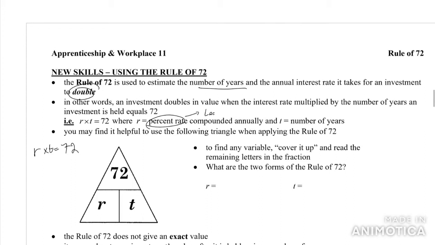You leave R as a percent, so you don't change it to a decimal. And don't change this when we deal with compound interest. As you'll see in a bit, we'll talk about number of compounds.